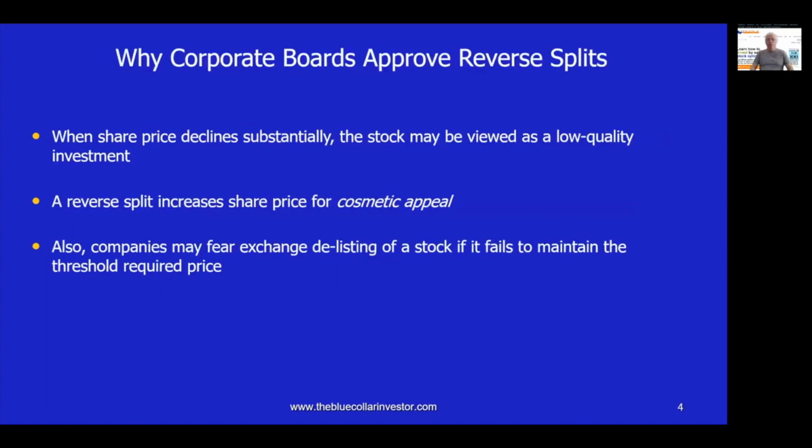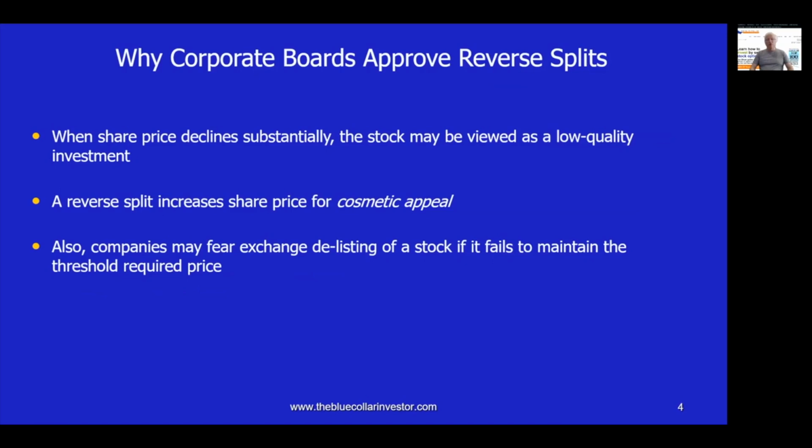So why do corporate boards approve these reverse splits? Well, just picture the price of a stock declining precipitously. A lot of investors may view this now as a low quality security. They may not want to participate in purchasing shares. So the reverse split will actually increase the share price, even though it's simply a cosmetic improvement.